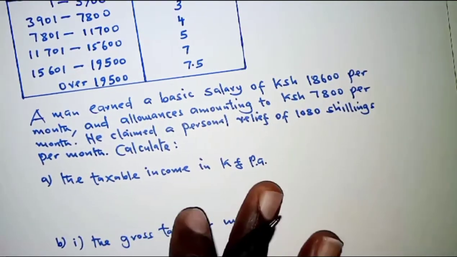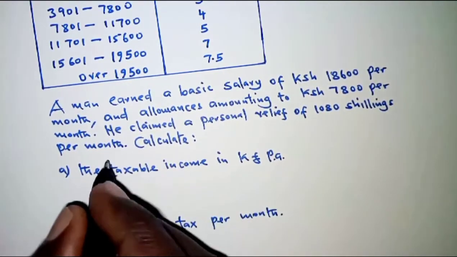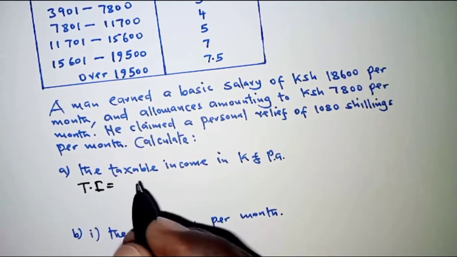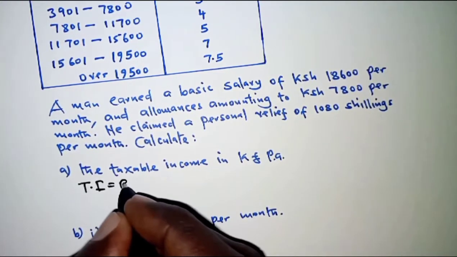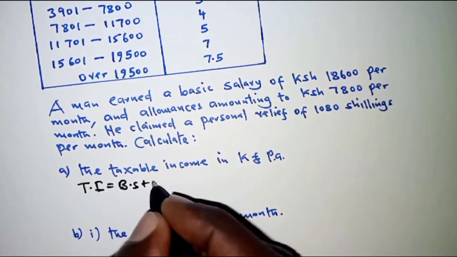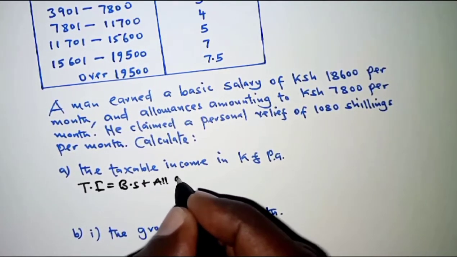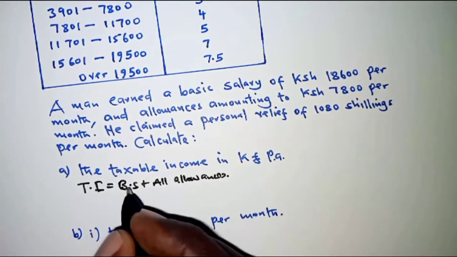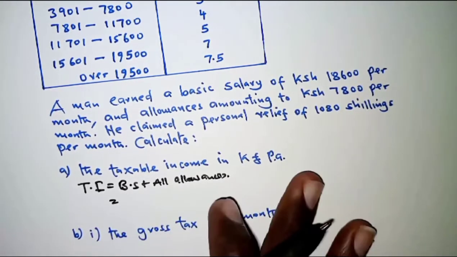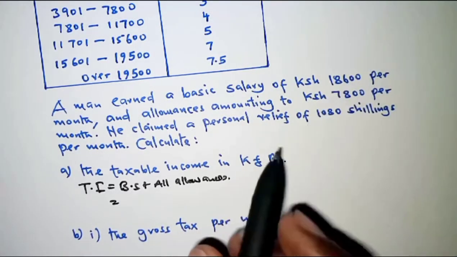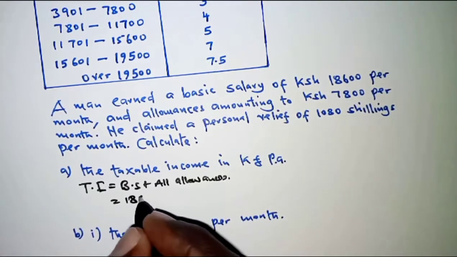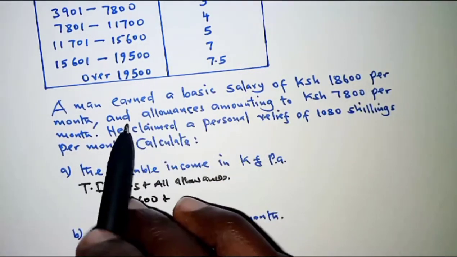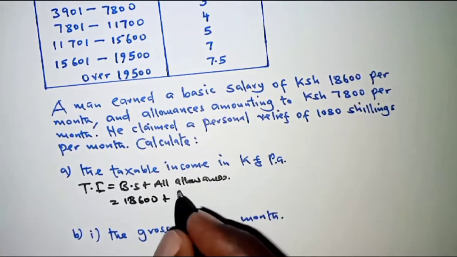So taxable income is obtained by simply having the basic salary plus all allowances. And for this particular case, we are told that the basic salary is 18,600 plus the allowances, and all the allowances were amounting to 7,800.